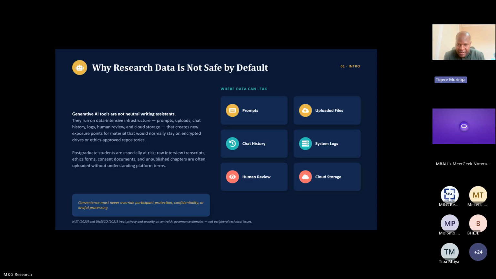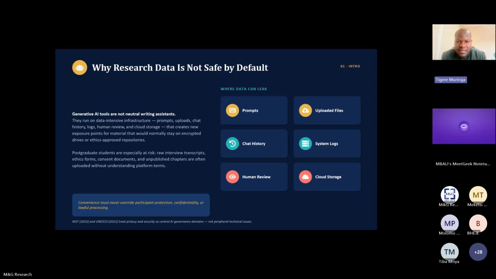So AI risk frameworks now treat privacy and security as central AI governance domains. It moves away from the approach that they have been peripheral technical issues, which has always been there, right? So what is important is that convenience must never override participant protection, confidentiality, or lawful processing, right?